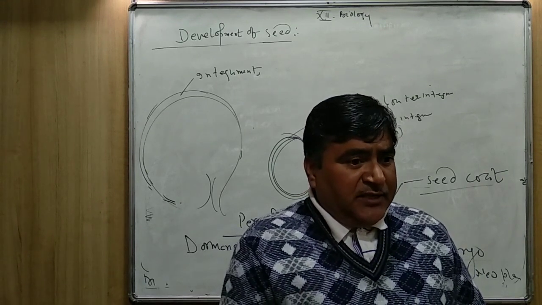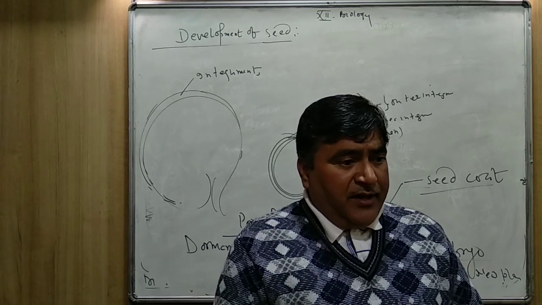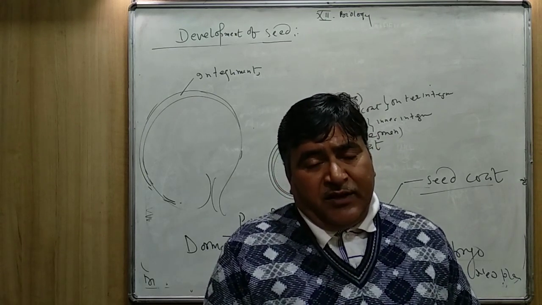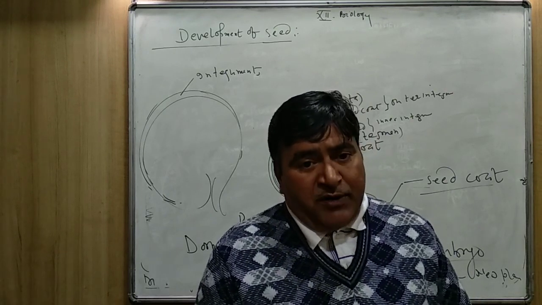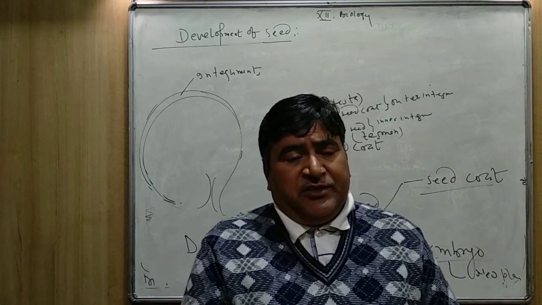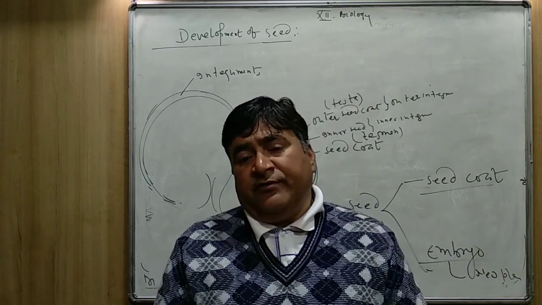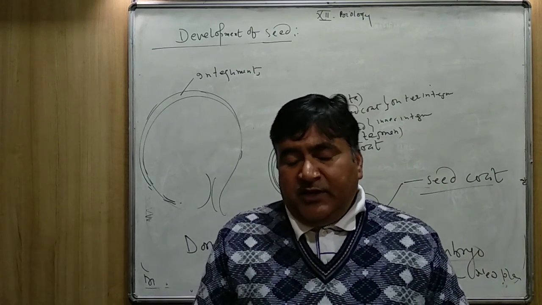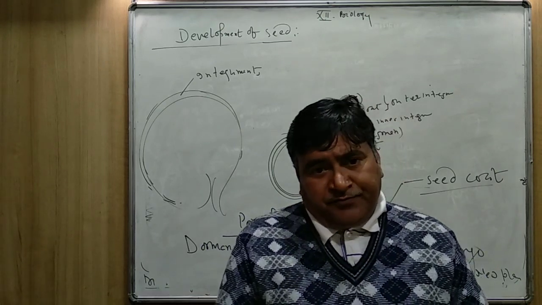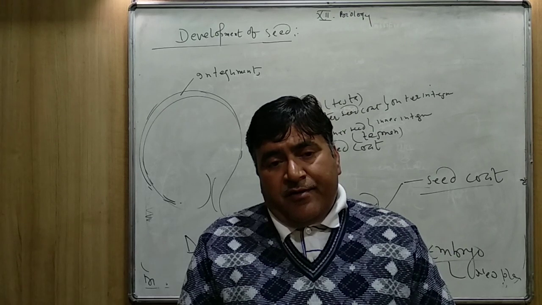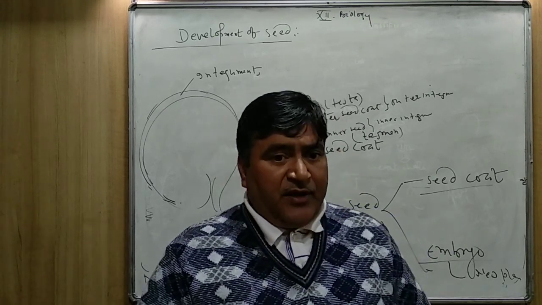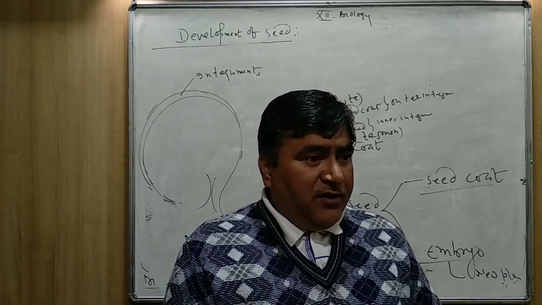So dormancy is the inactivity of the embryo in which the embryo is unable to produce the new plant. But after the completion of this dormancy period, the embryo can give rise to the new plant, the seeds can germinate.